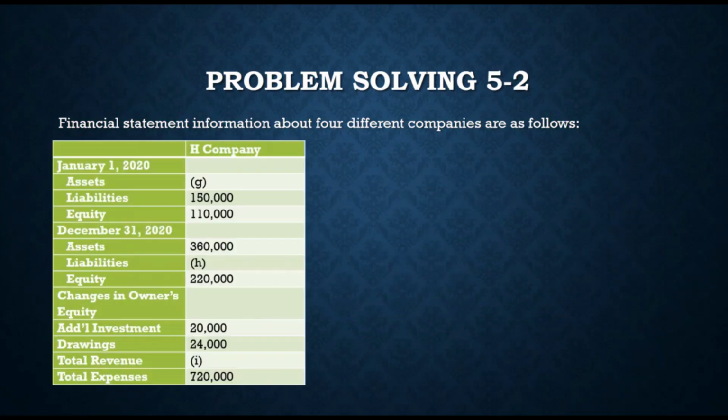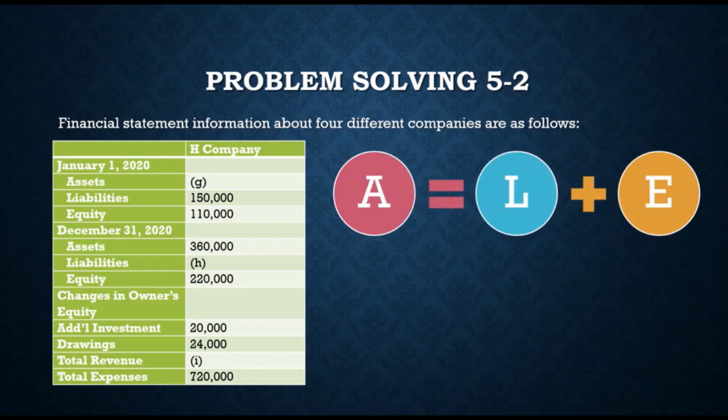So, next naman is yung kay Company H. So, sa letter G, nawawala na naman yung assets at the beginning of the year. Pero meron tayo 150,000 na liabilities at 110,000 na equity. So, 150,000 plus 110,000, ang ating asset at the beginning of the year ay 260,000.